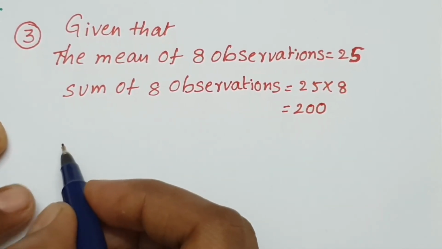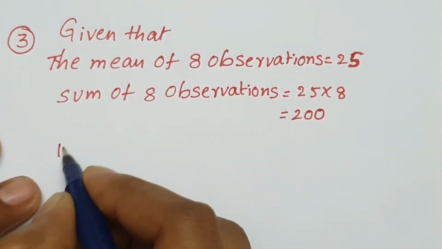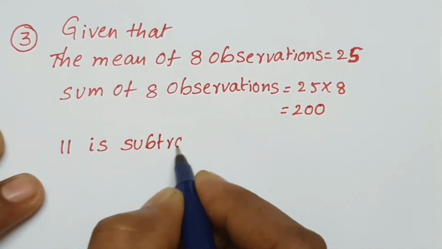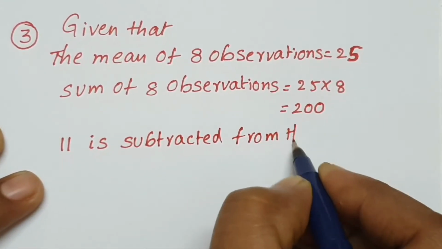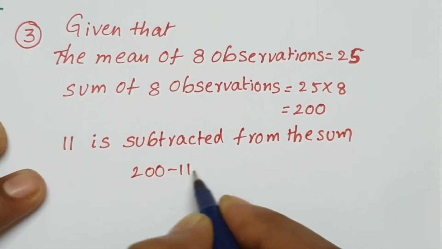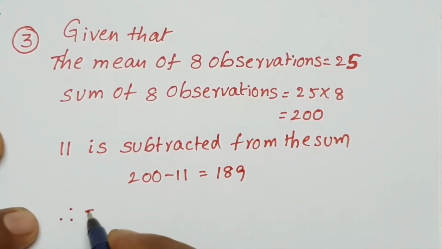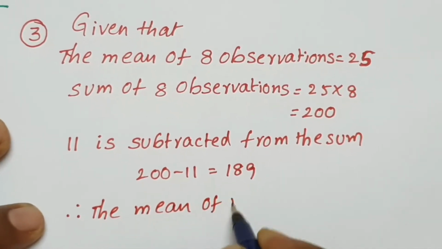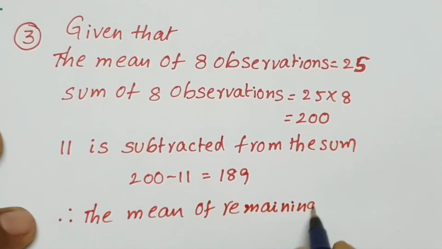If the observation 11 is subtracted from the sum, 200 minus 11 we get 189. Now find the mean. They are asking for the mean of the remaining.